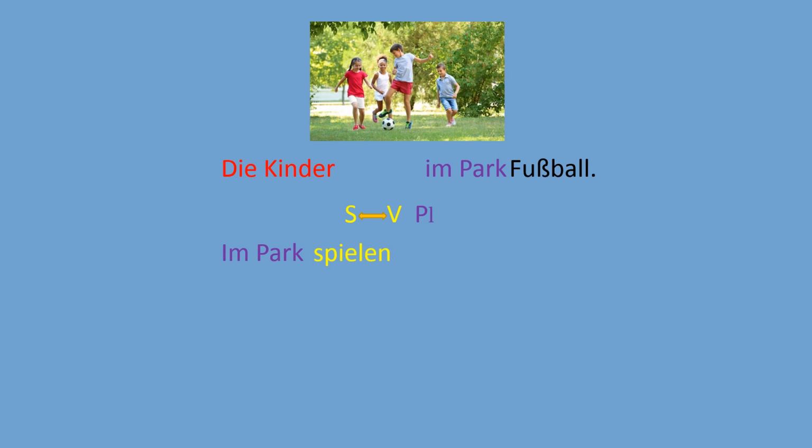You remember this grammatical agreement. You remember that we talked that the subject is always as close as possible to the verb. I have to use my subject after the verb. And then I finish my sentence with the direct object. So this is my sentence. Im Park spielen die Kinder Fußball.